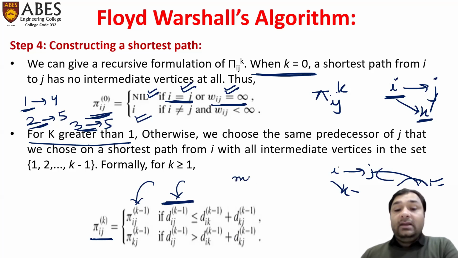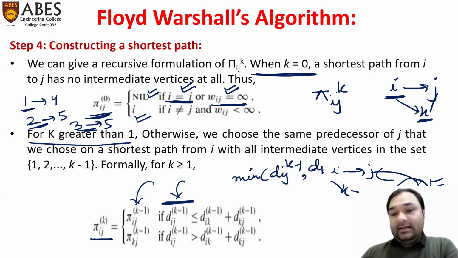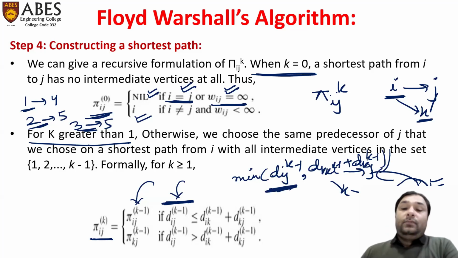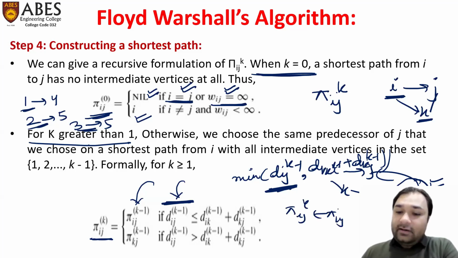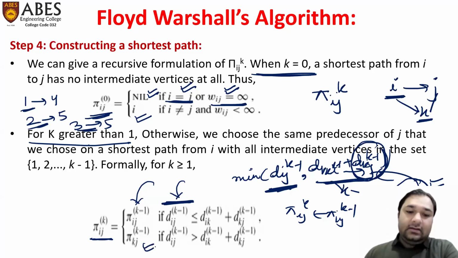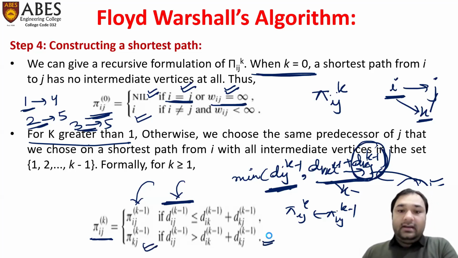What we are doing is the minimum of dij k minus 1 and dik k minus 1 plus dkj k minus 1. So if this is minimum, then we are carrying a previous value. The same thing we will do in pi ijk, we will carry a previous value pi ij k minus 1. And if the other is minimum, then we will be returning pi kj. Hope you get this point.